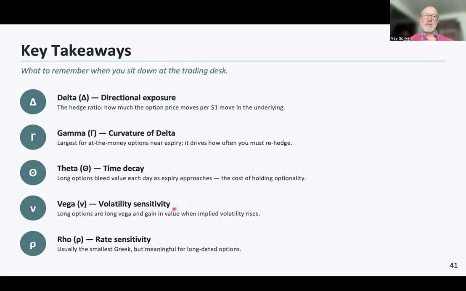And in terms of interest rate sensitivity, we mostly think about this in terms of long dated options. In terms of real world hedging, of course, daily rebalancing does assume these orderly markets. So you have to be careful around some of these assumptions, because that's what the 87 crash showed us: that the assumptions can fail catastrophically.